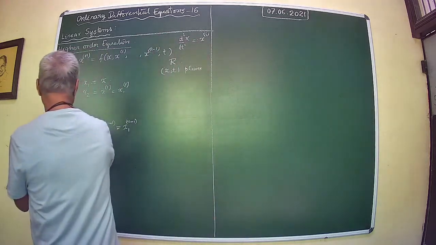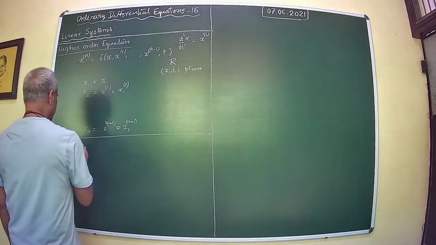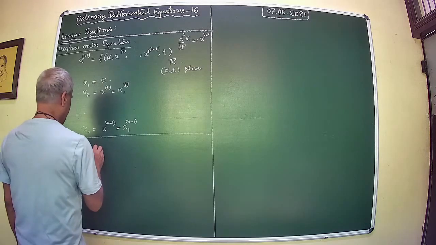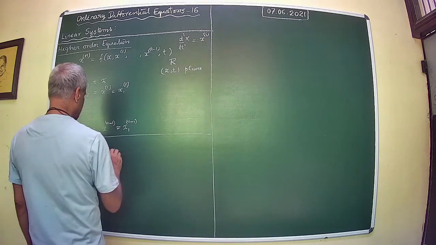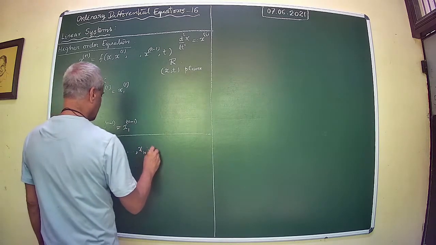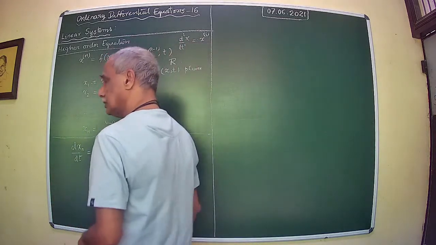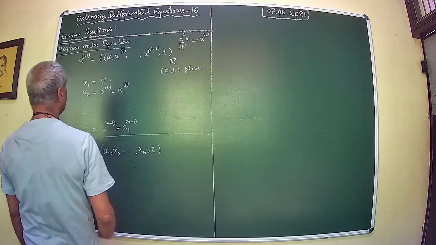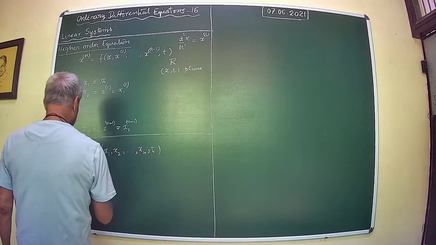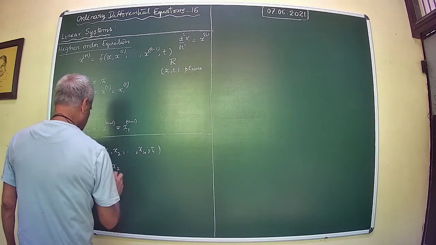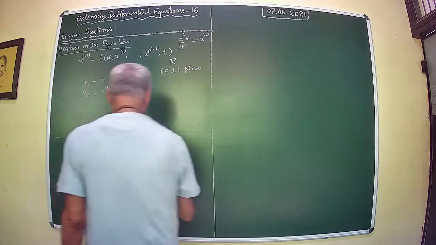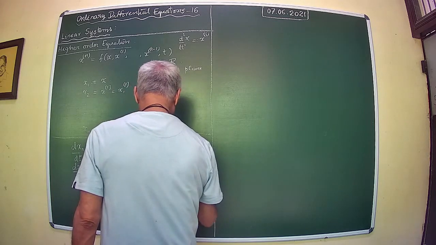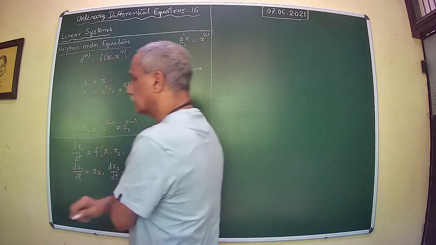Okay, therefore what do you have? Now we can rewrite the equation as dxn by dt equal to f of t along with the new equations, namely dx1 by dt equal to x2, and so on, up to xn, along with this particular equation.